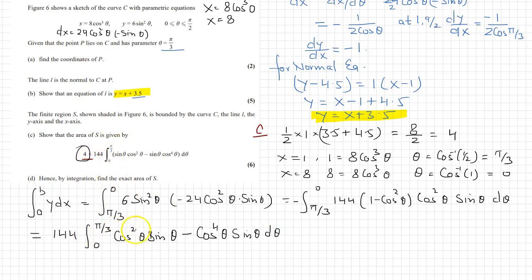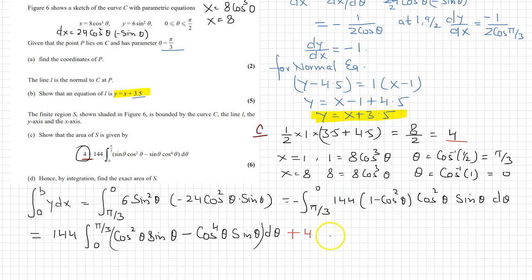144 times integral 0 to pi over 3 of cos square theta sine theta minus cos 4 theta sine theta d theta, and this one plus 4.